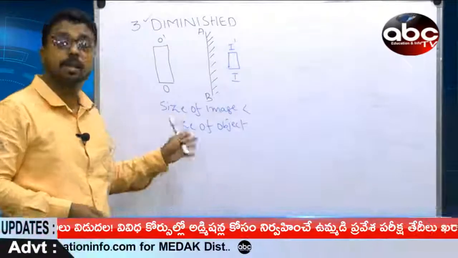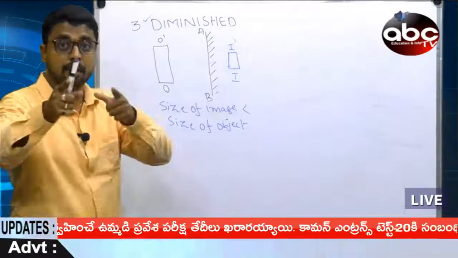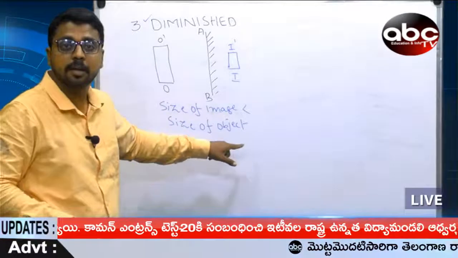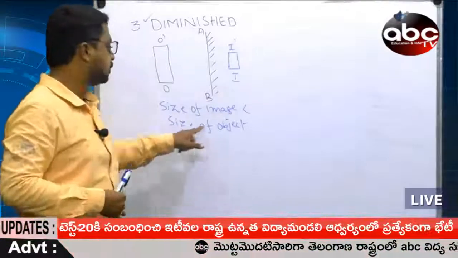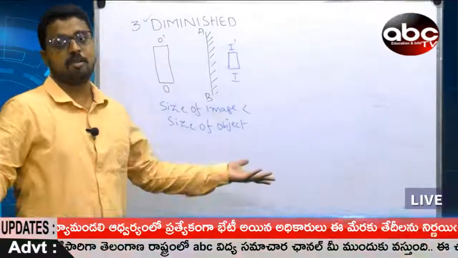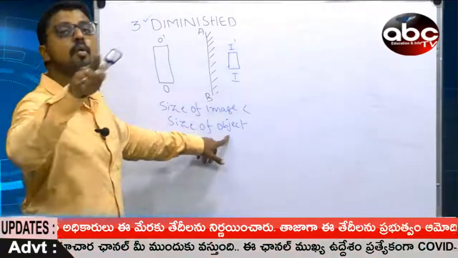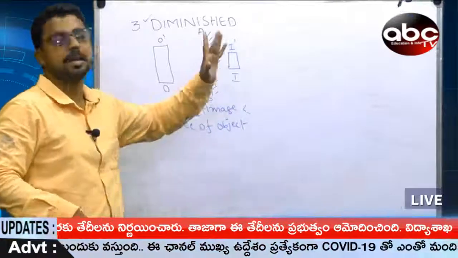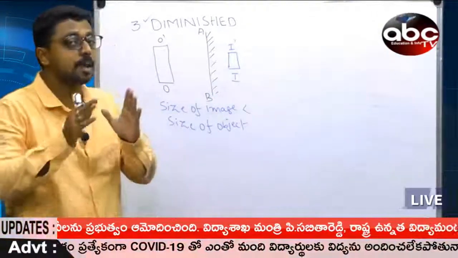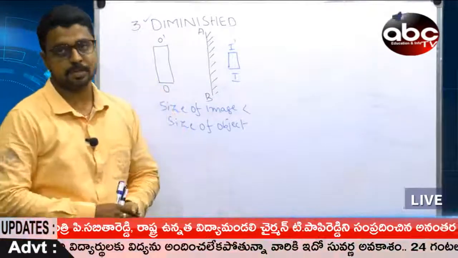Of course, one small thing: size of image is less than size of object. Can I write size of object is greater than size of image? No doubt, we can write that. So no need to get confused. This is the first type of classification, classified into three different images.